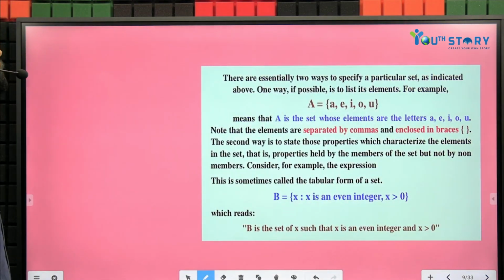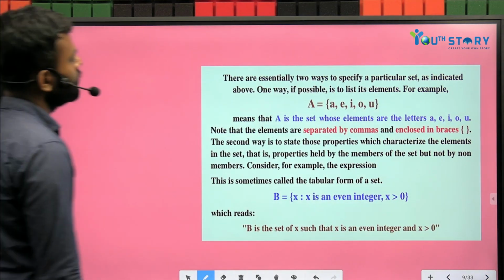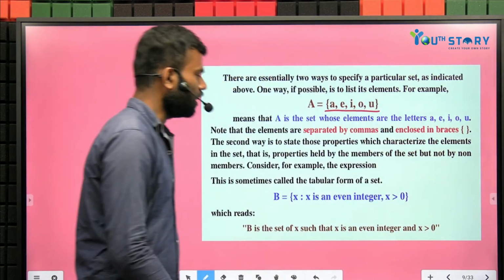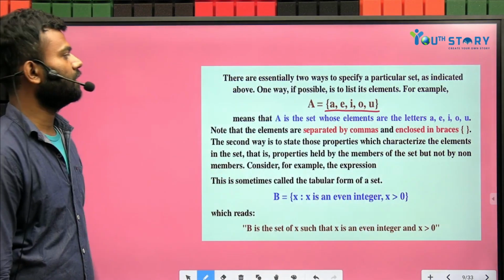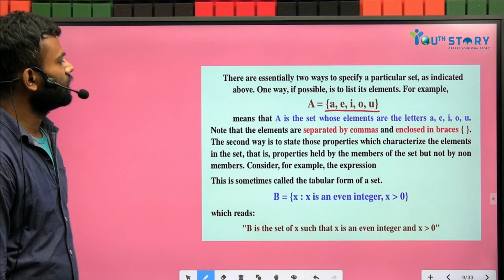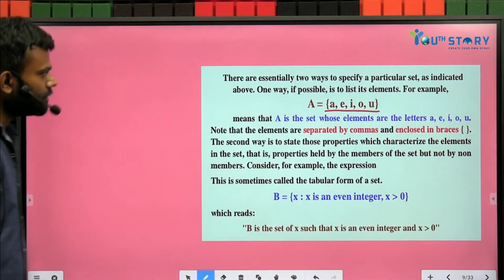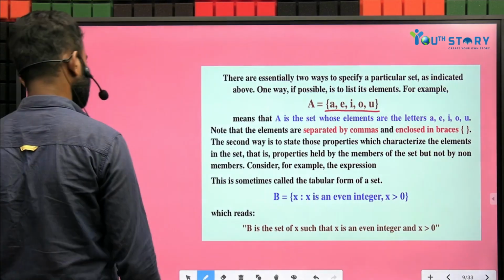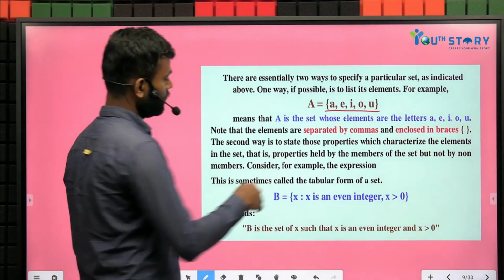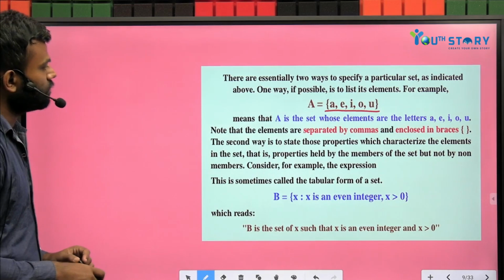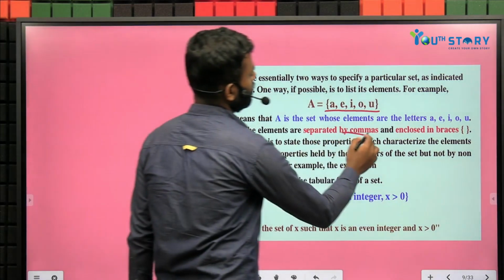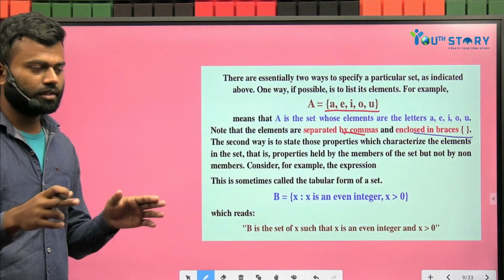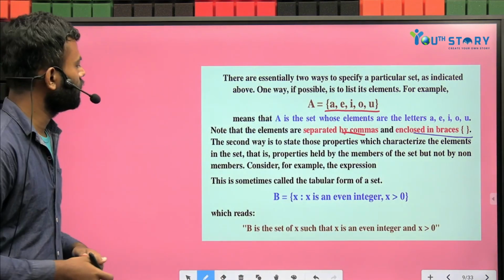Now consider this set, capital A, consisting of the vowels from the English alphabet A, E, I, O, U. This means A is the set whose elements are the letters a, e, i, o, u, and the elements are separated by commas and enclosed in braces, that means curly brackets.